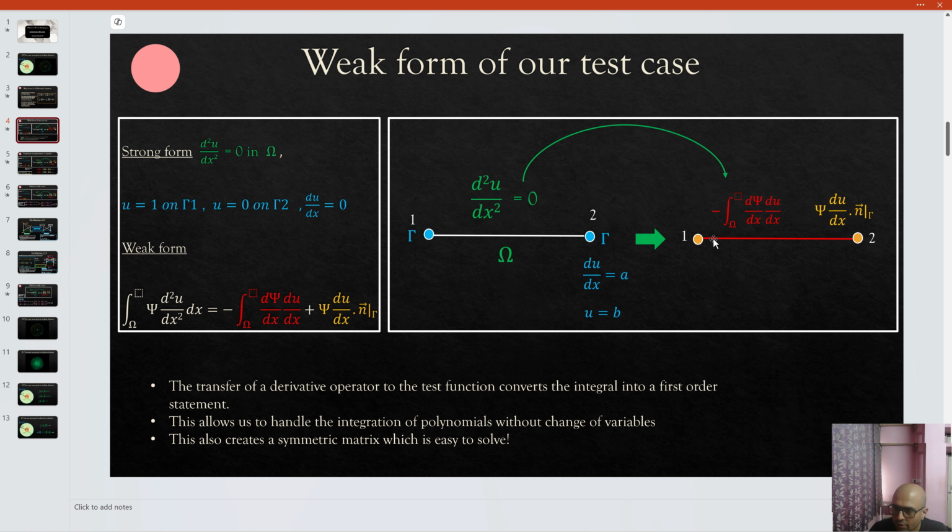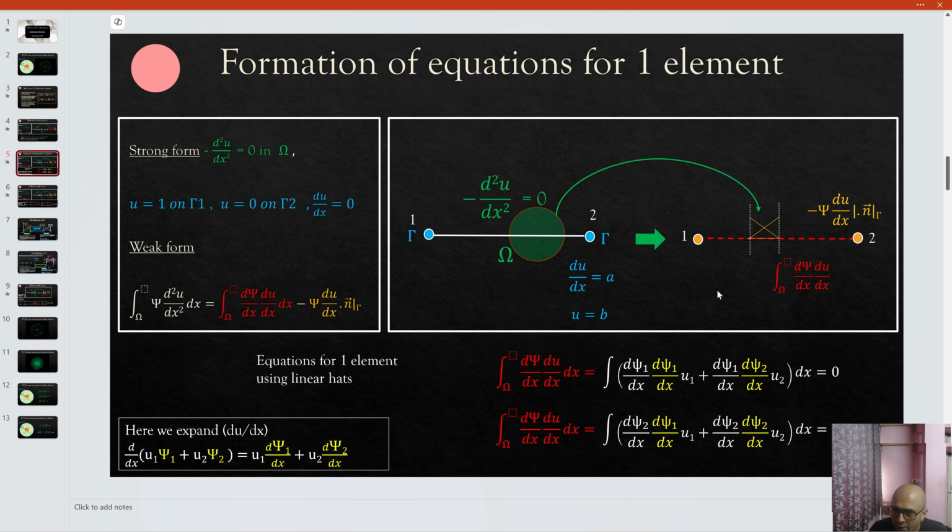Really we want to solve the problem inside this domain where this red term is applicable, and this can be done by dividing the domain, discretizing it into a finite number of elements, and these elements have piecewise continuous polynomial representations, and those representations are done by what we call as the trial functions.